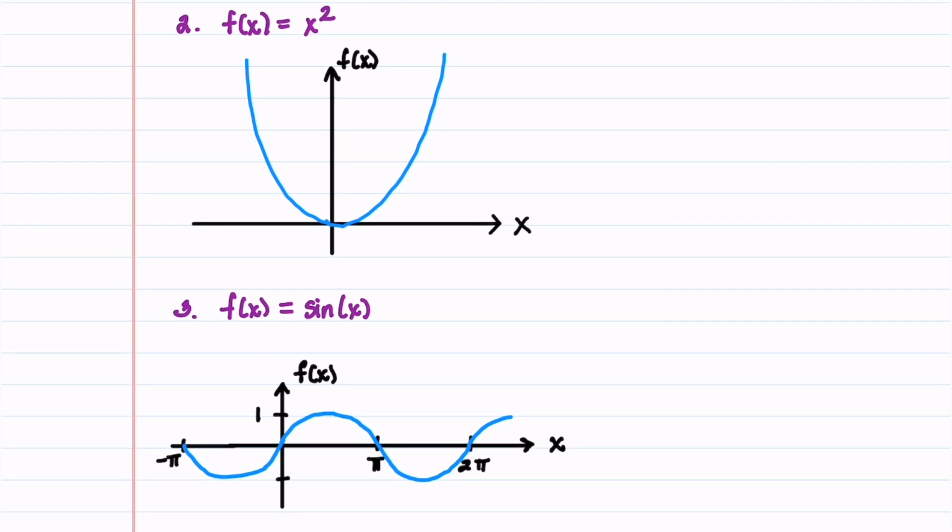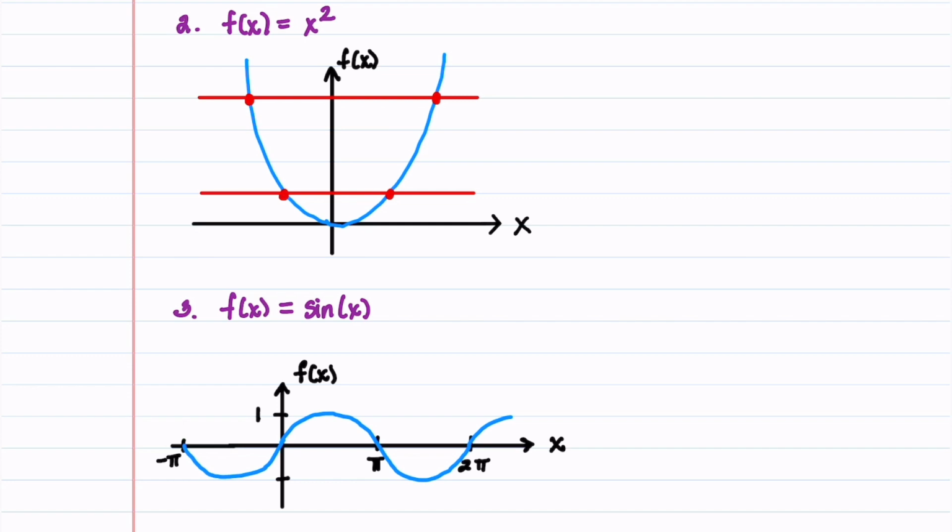Our second function is f of x is equal to x squared. We'll again draw two horizontal lines and see where these lines intersect our graph. We can see that each horizontal line intersects our graph 2 times.